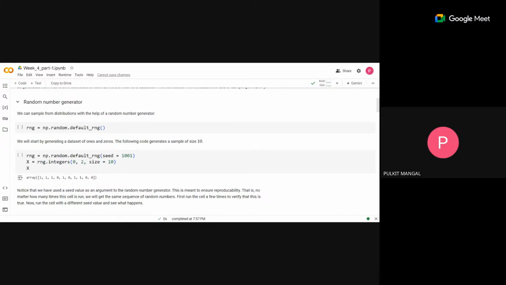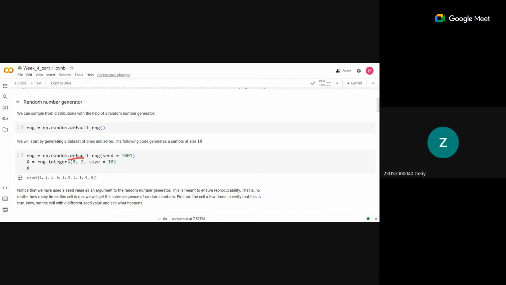Usually when we train any model, we want that sample data set to remain as it was in the first run when we trained our model. So we often set this seed value to some number, so that in every run we always get the same sampling.